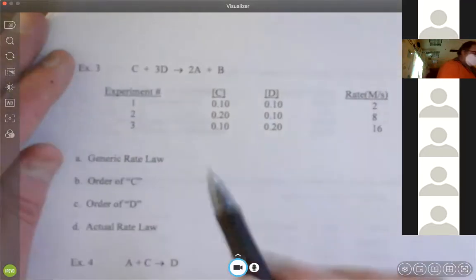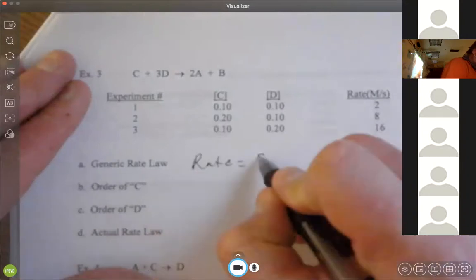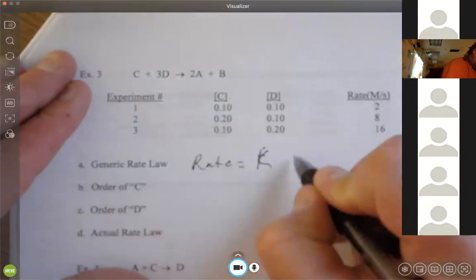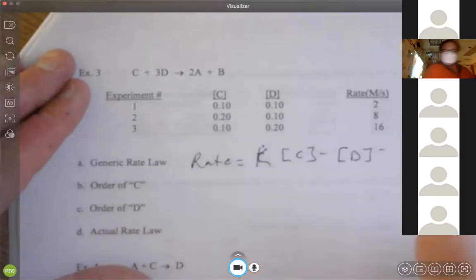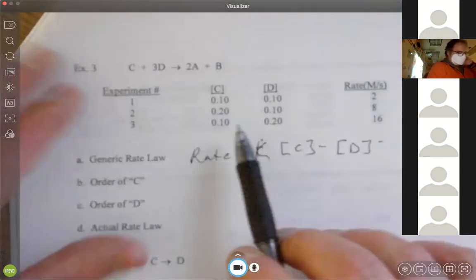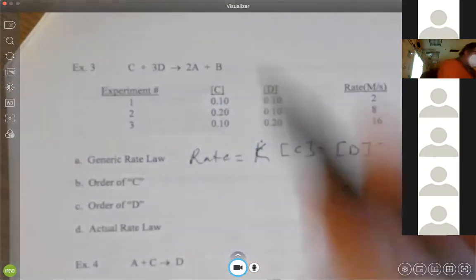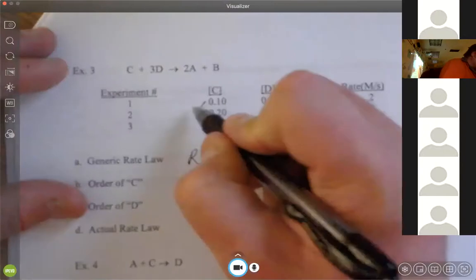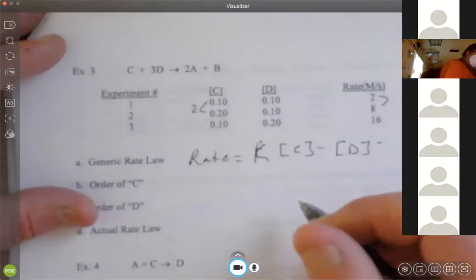Generic rate law: rate equals K, C to the something, D to the something. So for C, which two trials do I want to use? 1 and 2. And what is 8 divided by 2? 4.